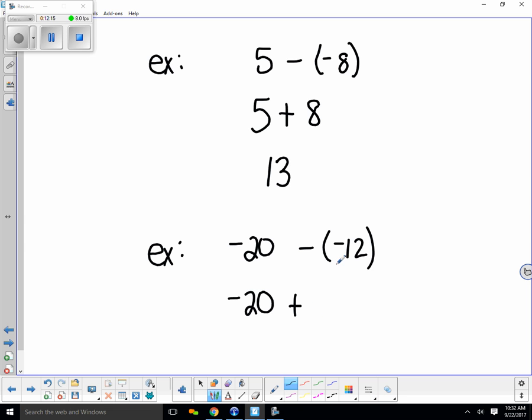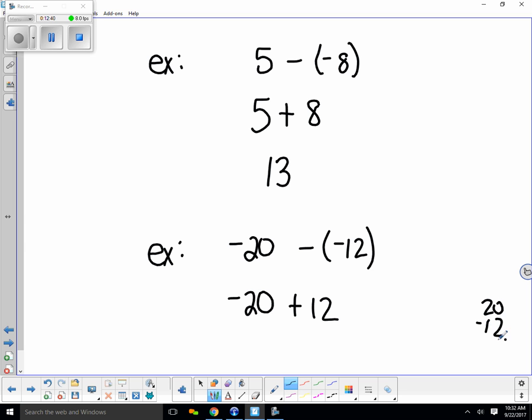Step 3, do the inverse of the second number. So the inverse of negative 12 now is positive 12. And follow your addition rules. Are the signs the same or different? Different. So in my mind, I still have to go back and subtract the numbers. Okay, but I'm going to do it to the side.